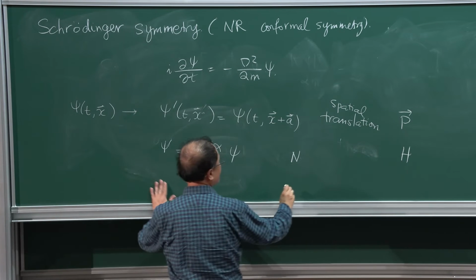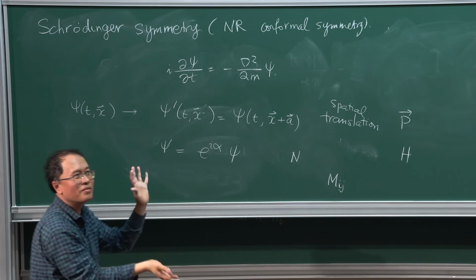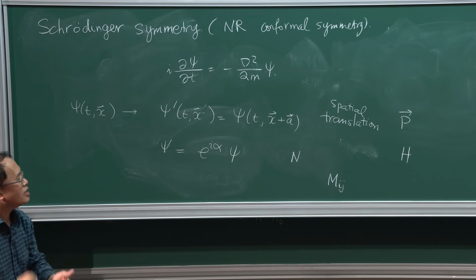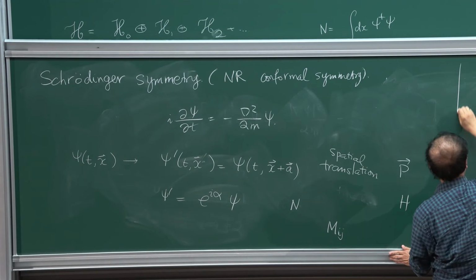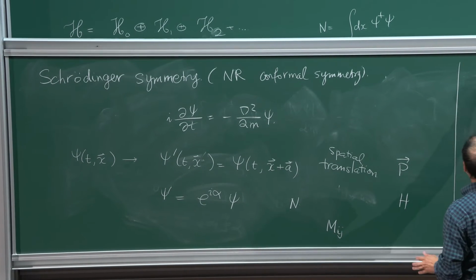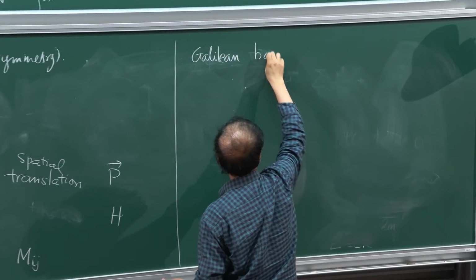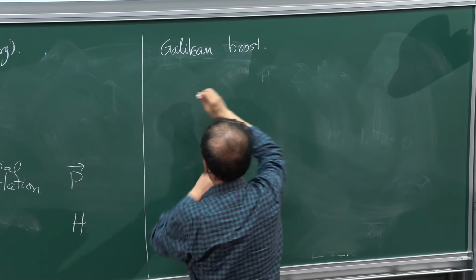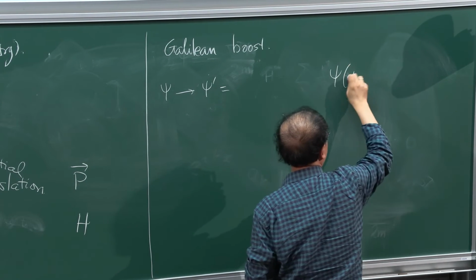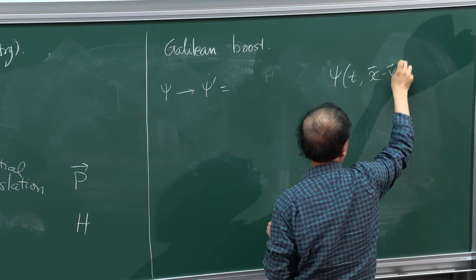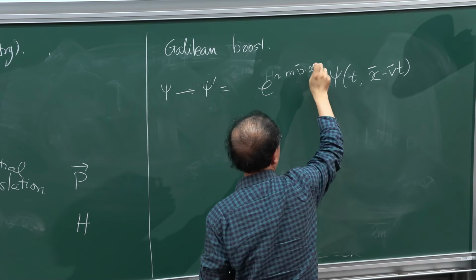Another familiar thing is rotation. So M_ij, I'm not going to write. It rotates space. X goes to x prime equal to rotated x. Oh, that's familiar, but in non-relativistic theory there is a Galilean boost, which takes a solution to a new solution, which is equal to psi of t, x minus bt, roughly speaking, but then I have to correct that by multiplying by a factor.